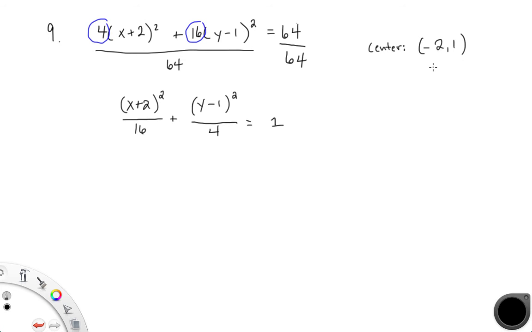The vertices you got correct. Those are going to happen at negative 2 comma negative 1, 2 comma 1, negative 2 comma 3, and negative 6 comma 1.